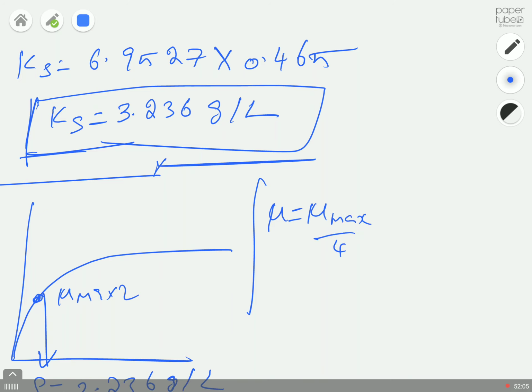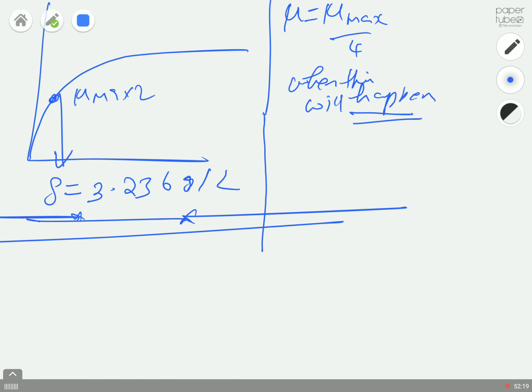So when will this happen? If I ask some question like that, you should be able to calculate it in the final exam. You can do that only if you have some understanding of this simple equation.